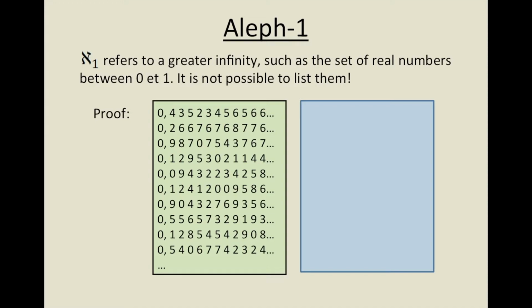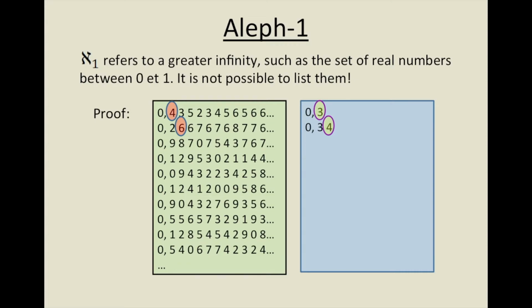And what Cantor did is he built a number that wasn't in the list. So it's a clever trick. You take the first number after the decimal point, and in your own number that you're building, you just make sure you choose another one. So instead of 0.4, I'm going to choose 0.3. And then for the second number, you choose the second decimal after the decimal point, and you choose another decimal for that place.